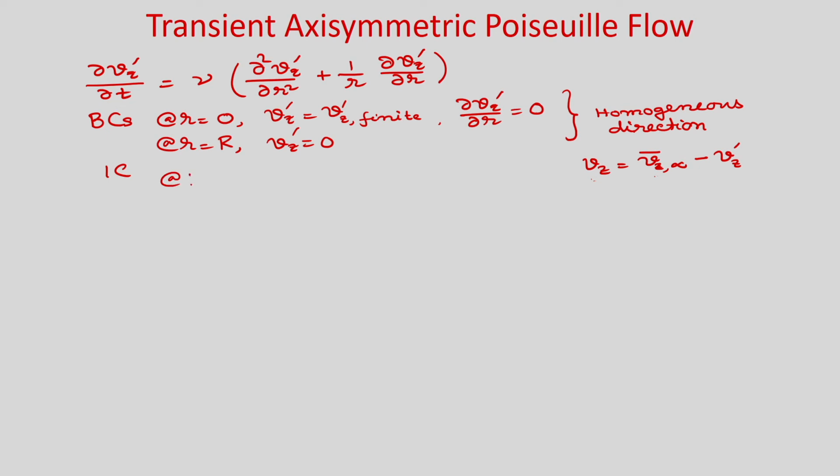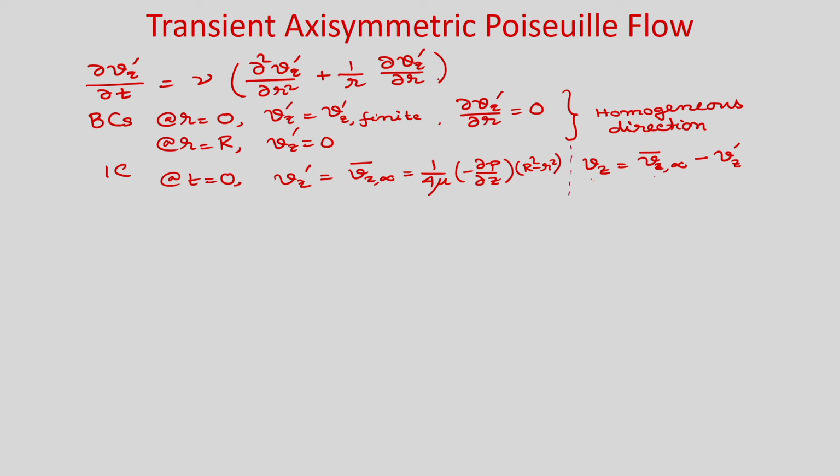So, at t is equal to 0, Vz is equal to 0. So, Vz prime you will get equal to Vz infinity bar, and this is the solution you know, 1 by 4 mu times minus del P by del Z into R square minus r square. So, this is the initial condition for this problem.